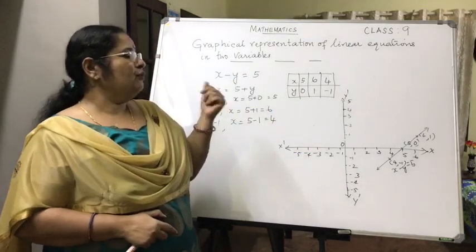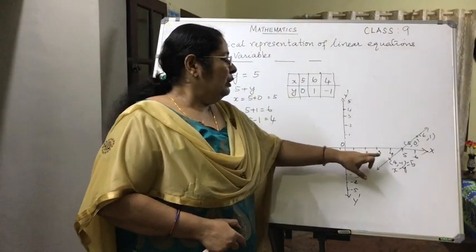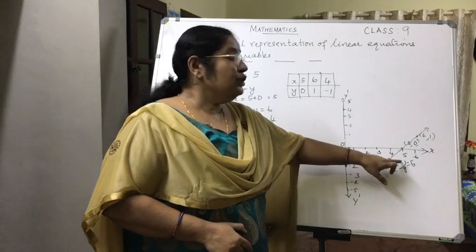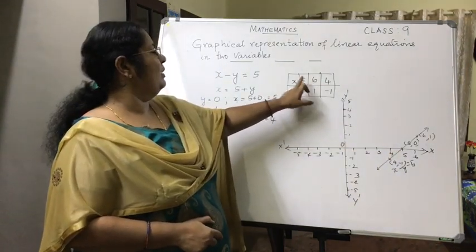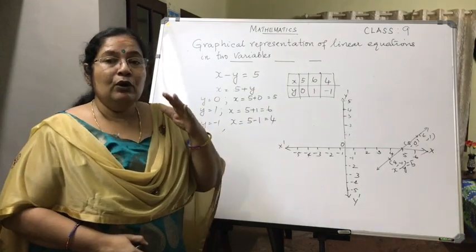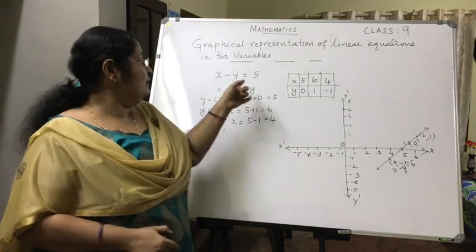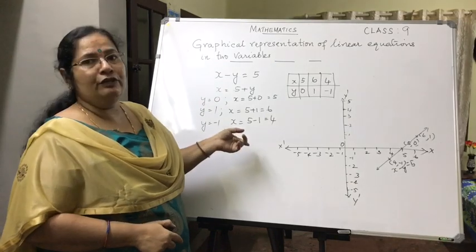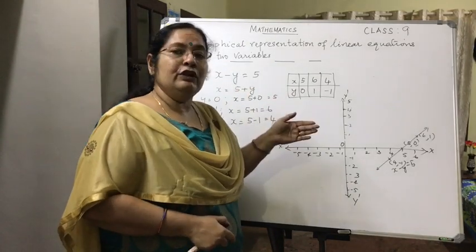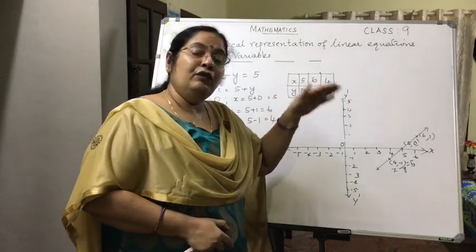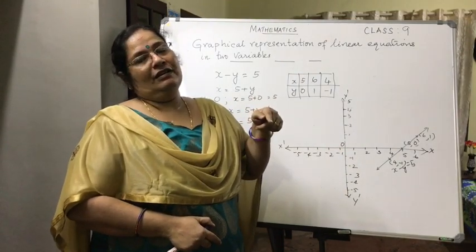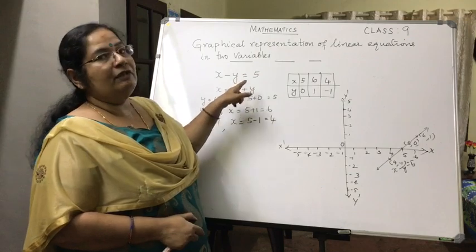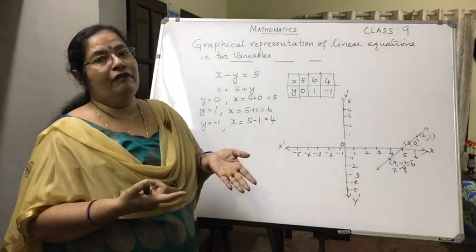Now the second conclusion you get is, see, these are actually the solutions, 4, -1, 6, 1, 5, 0, all these are the solutions for this given equation. We have found the solutions. So all solutions for the given linear equation will lie on the graph.